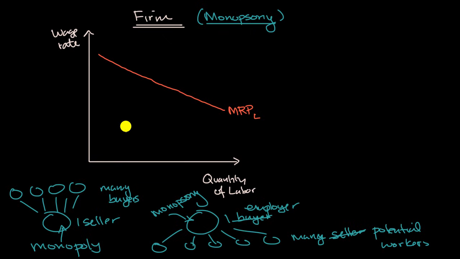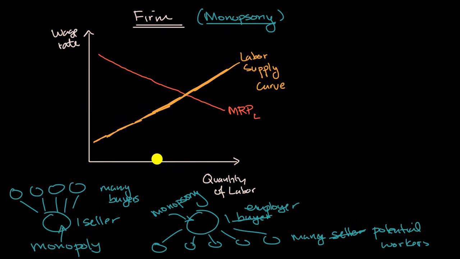For example, when wages are low, there's going to be a low supply of labor. Not many people are going to want to work for that hospital. And then as wages go up, more and more people are going to want to work for that monopsony employer. And so this is our labor supply curve.